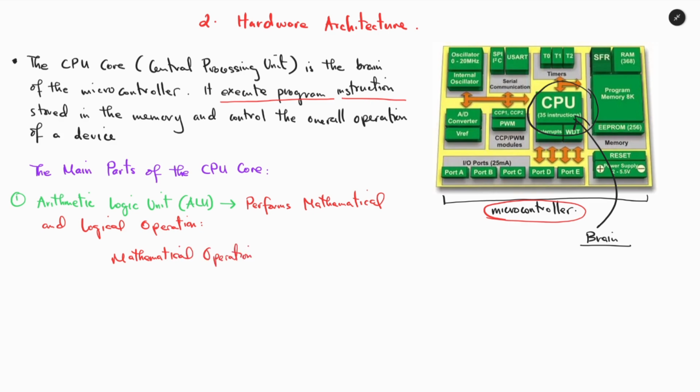When we talk about the mathematical operation, we are talking about the operation that can be performed inside the CPU, especially the ALU unit inside the CPU, such that it can perform addition, and secondly, it can perform subtraction, and it can also perform division, and we can say multiplication.